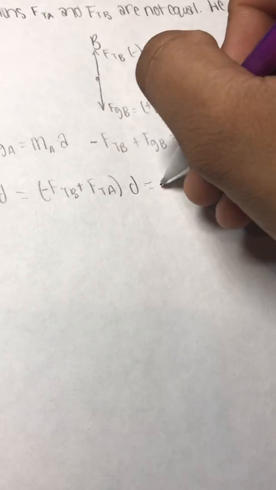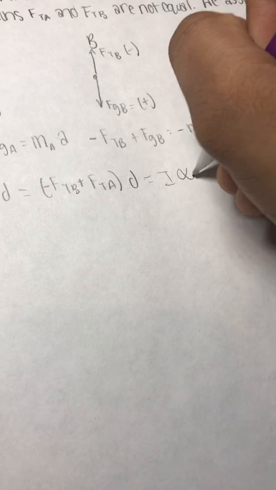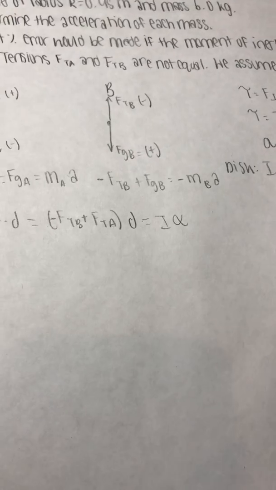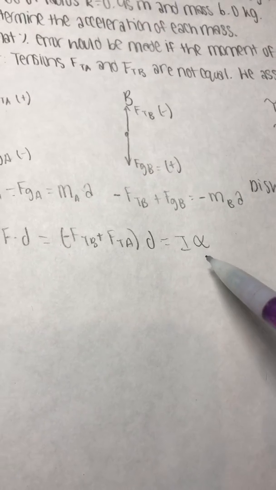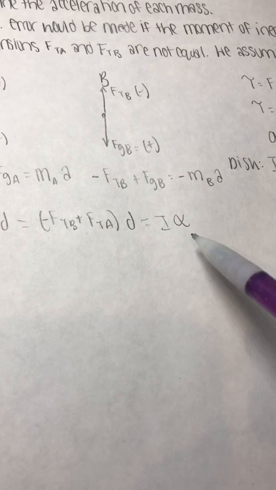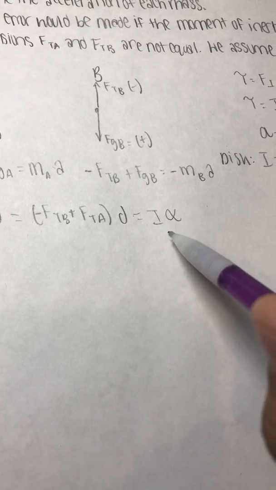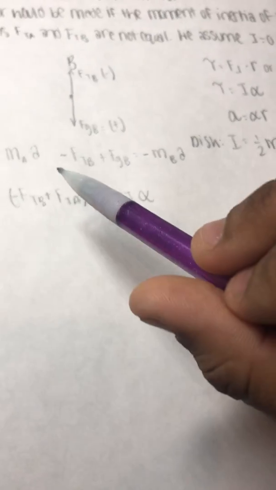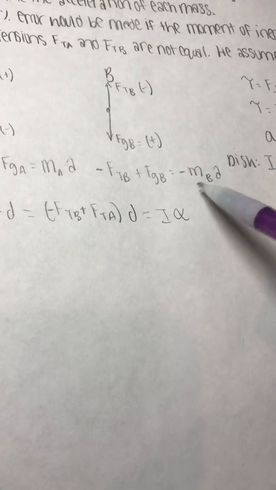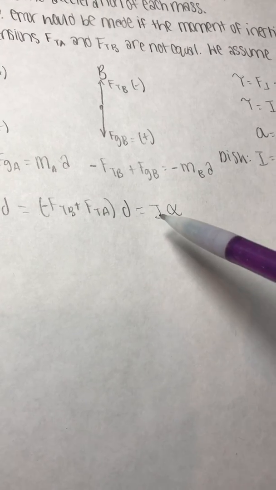So that's what I can set it equal to. And why I did that is that I know that the moment of inertia and the acceleration is the same thing as mass times acceleration, which is how we would write an equation like this. So this is pretty much saying the same thing.